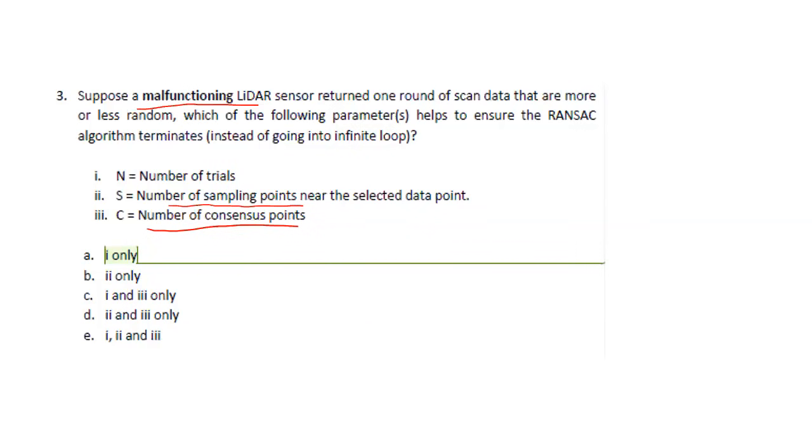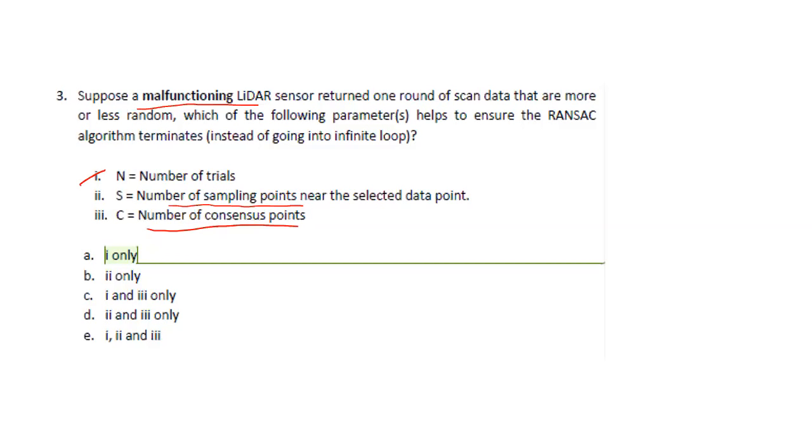So the only thing that's going to help me to stop the algorithm after a certain period of time is actually the n, which is the number of trials. All right, so that's why the answer for this is actually n, because that is basically the limit by which I will stop the scan. So regardless of whether the lidar is functioning or not functioning, how many samples I take, how many consensus points I have, it doesn't matter.